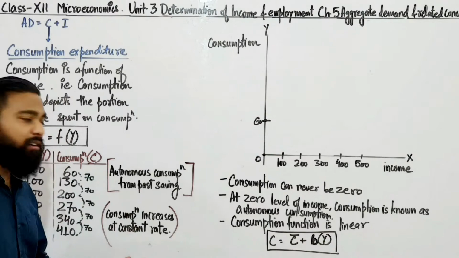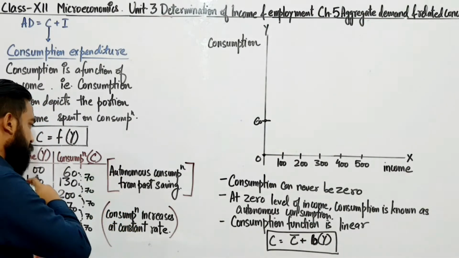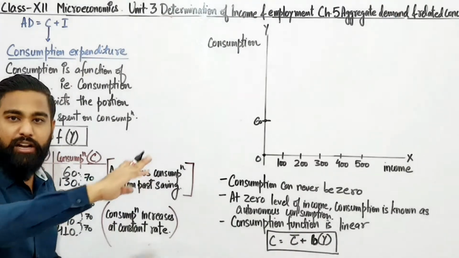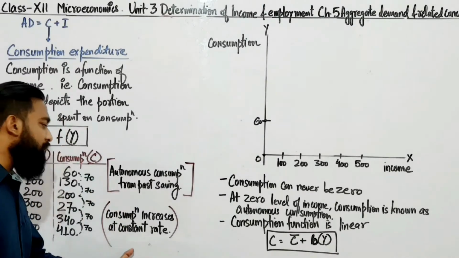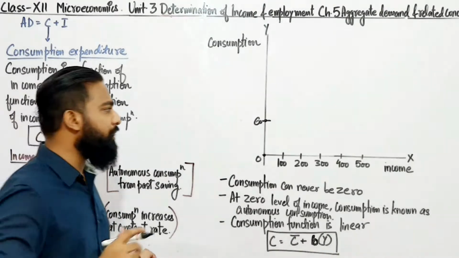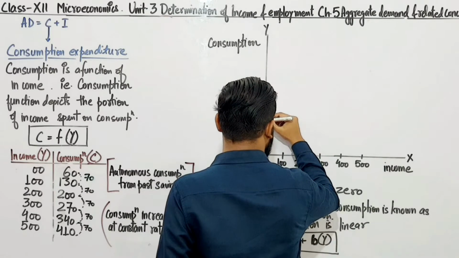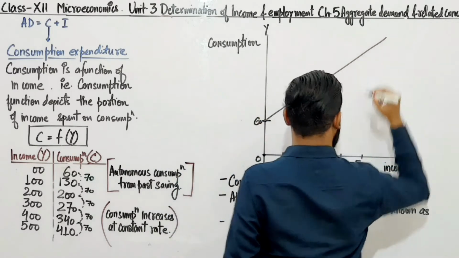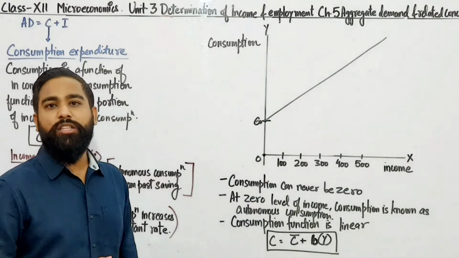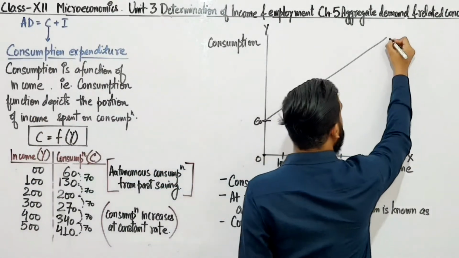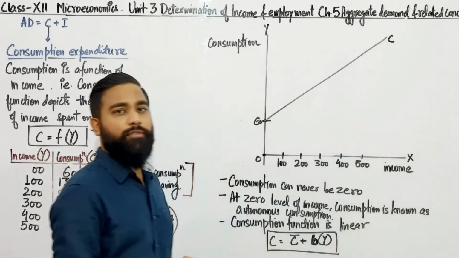Because it's linear, it will be a linear curve because the consumption is increasing at a constant rate. So just draw a straight line. This will be your consumption curve. It should be a straight line. This is your consumption curve. Fine.